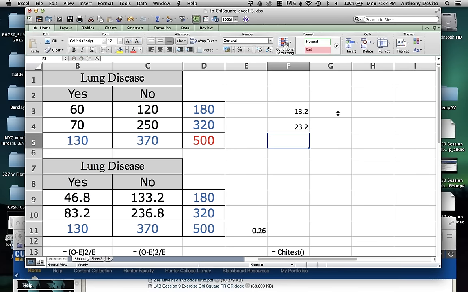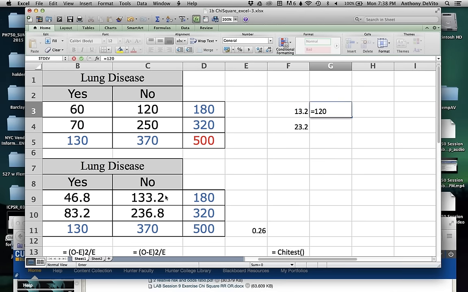Okay, well, how about this difference up here, the no's? 120 and 133.2, how big is that difference? That's equal to 120 minus 133.2. The difference there is 13.2, and the difference here, 250 is equal to 250 minus 236.8.